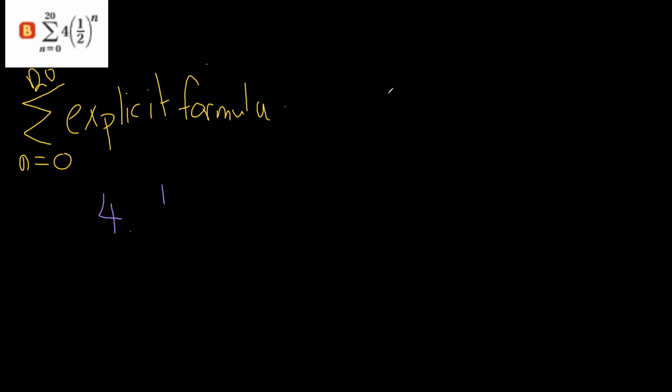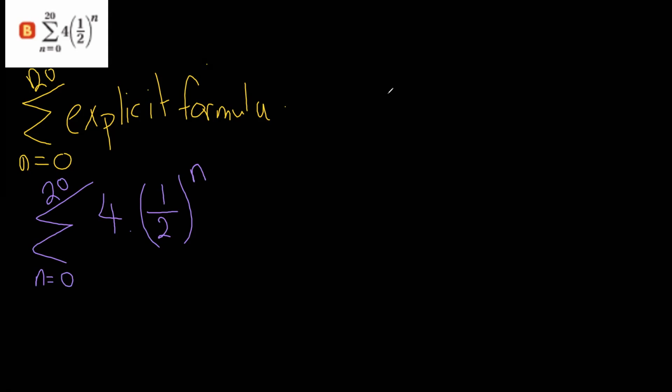And here we have the lower limit or the first term and the ending limit. So in this question, I have this explicit formula, which is 4 times half raised to the power n, and the summation here is from n equals 0 to 20.